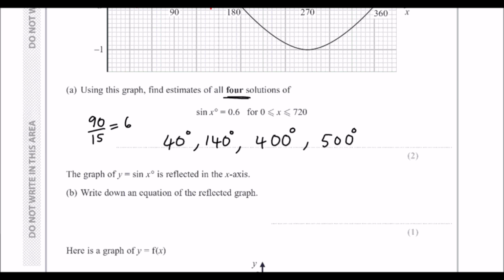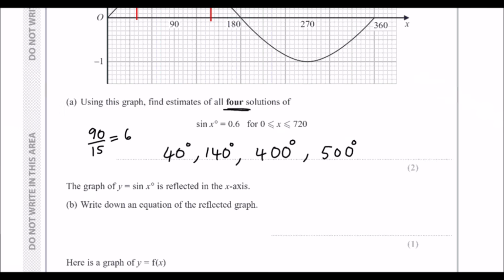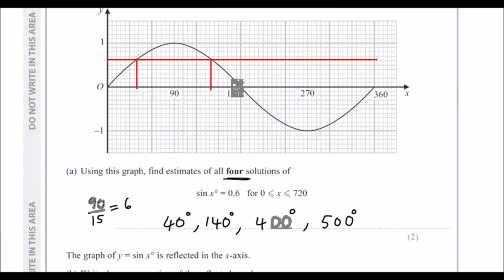The graph of y equals sine x is reflected in the x-axis. Write down an equation of the reflected graph. So reflected in the x-axis is going to mean it's now looking like this. So what's the equation of that graph?